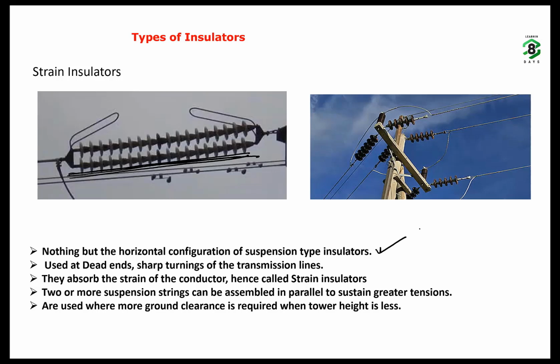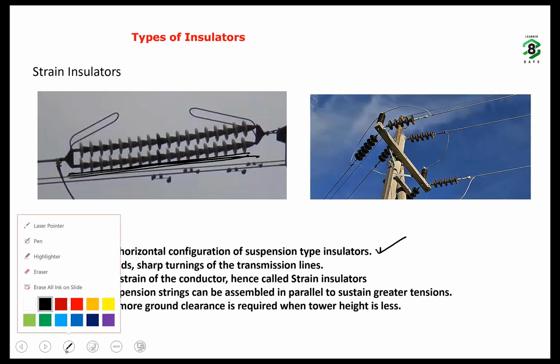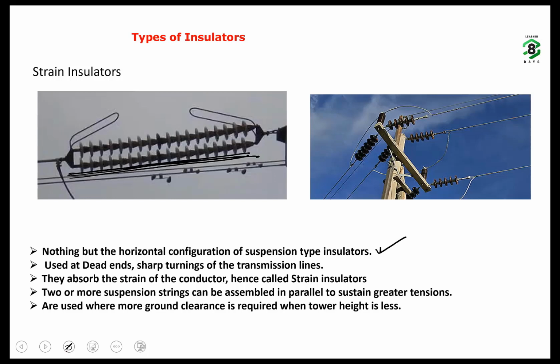So it is nothing but the horizontal configuration of suspension type insulators. Where we use these strain insulators, we use where we require more ground clearance. That is at the dead ends of the transmission line, at a place where the transmission line is taking a sharp turn. Suppose the transmission tower is like this, all three are there.